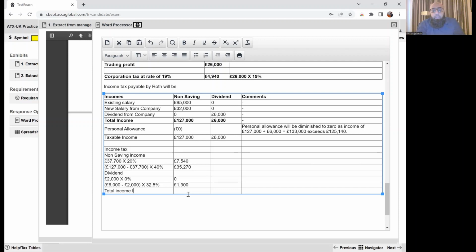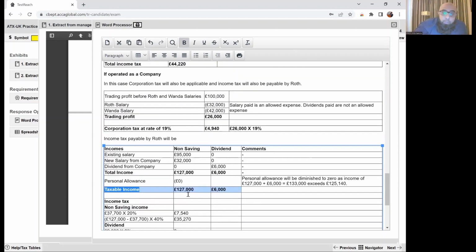Total income tax will be 7,540, 35,270, and 1,300. So it's 44,110. So 44,110 is the total income tax.